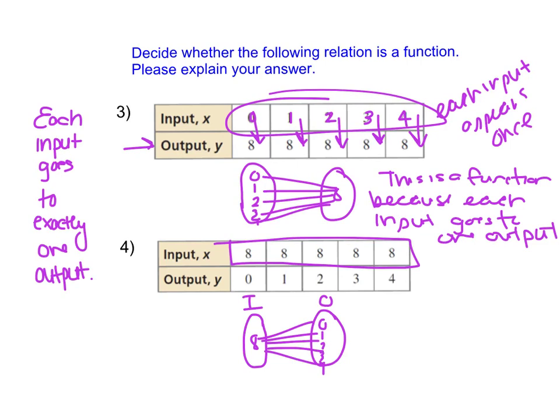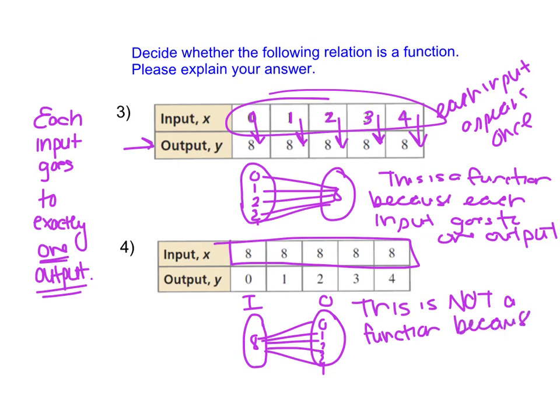This means that this is not a function because each input can only go to one output. We would say this is not a function because input 8 goes to 5 outputs.